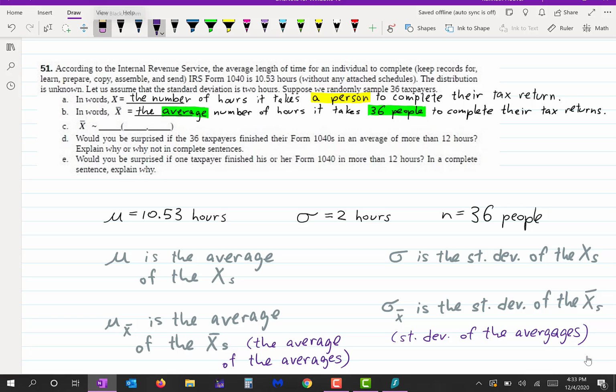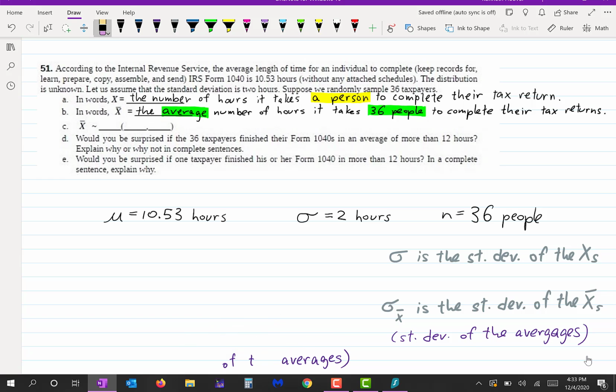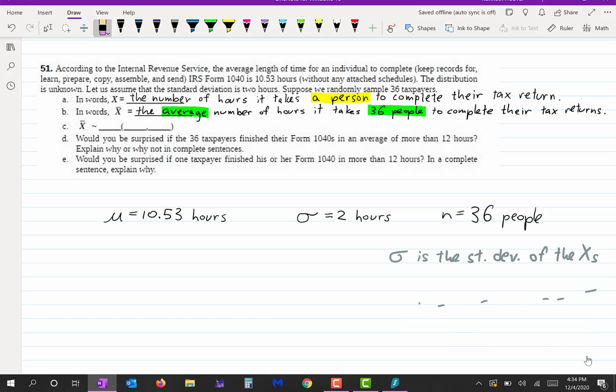All right. Let's get back up to their questions up there. When it says x bar and then it's got that wiggly line called a tilde and then it's got some blanks, what they're asking us is, what is the distribution of x bar? Now in the question it says the distribution is unknown, right? But that's the distribution of the x's that is unknown.